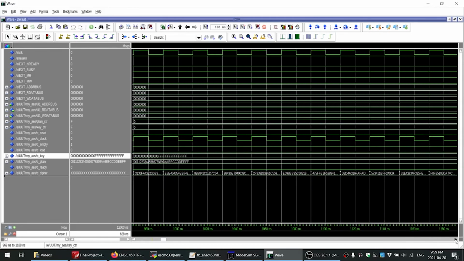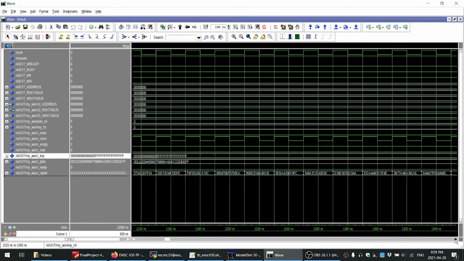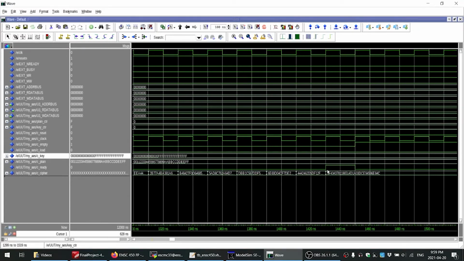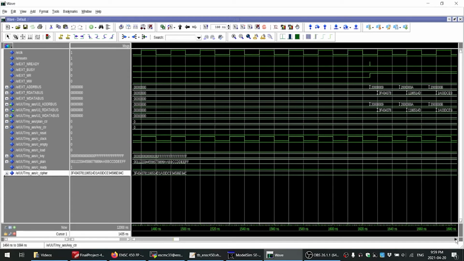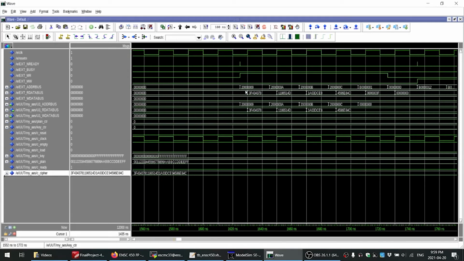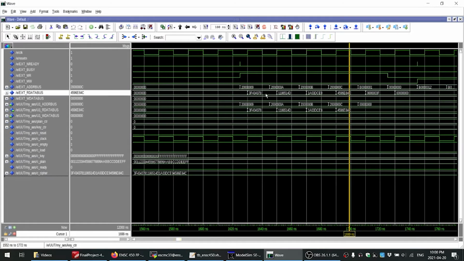and then eventually after about 600 nanoseconds, the answer is ready. The cipher is ready to be read. Then here the CPU reads the cipher, and we can see these 4 packets, because the output is 128 bits, so again it's read in packets of 32 bits, and as we can see, they are the same data that the AES core output.